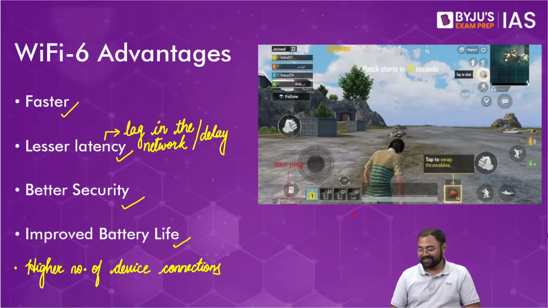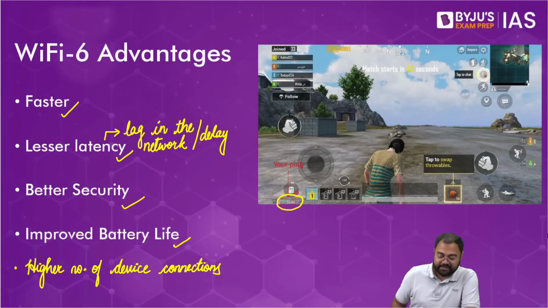So, Battleground Mobile India, formerly known as PUBG, a game that became very famous. Now, if you have played it, then you might have seen that there is a number that they display here. This could be a 2-digit number or a 3-digit number. This number that they show here is the latency number. This is nothing but the latency.